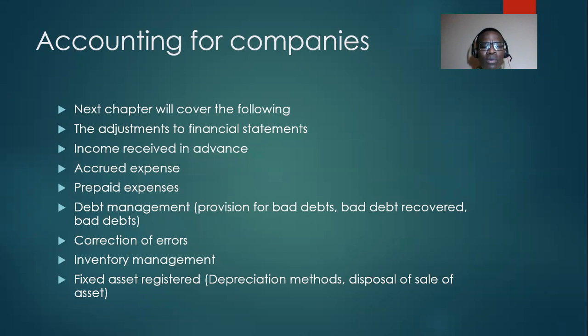We are going to learn about debt management, things like your provision for bad debts, your bad debts recovered, and your bad debts, right? We're also going to cover correction of errors and inventory management. We're going to cover in detail the fixed asset register. That's where we talk about the depreciation methods and disposal or sale of assets, right?